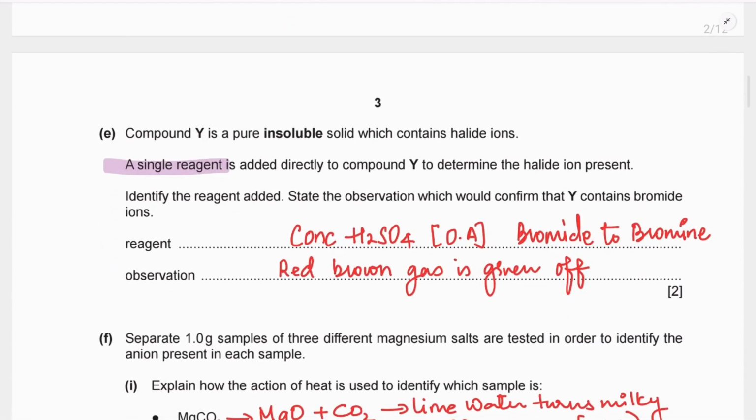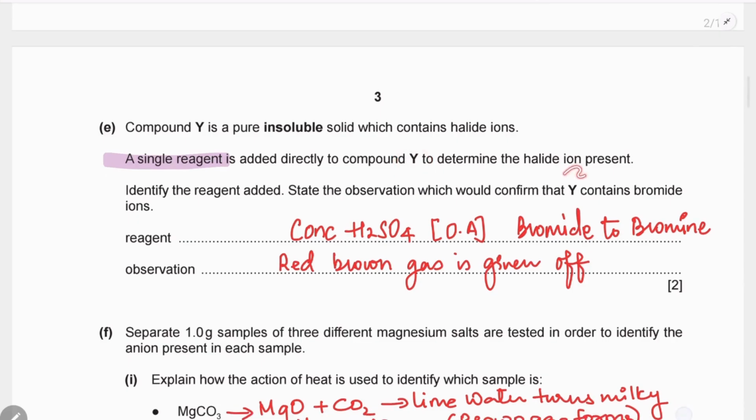Question E. Compound Y is a pure insoluble solid which contains halide ions. A single reagent is added directly to compound Y to determine the halide ion present. Now we have to focus on the single reagent. For the halide ion, we always use silver nitrate and nitric acid as well. But over here, we are focused on a single reagent.